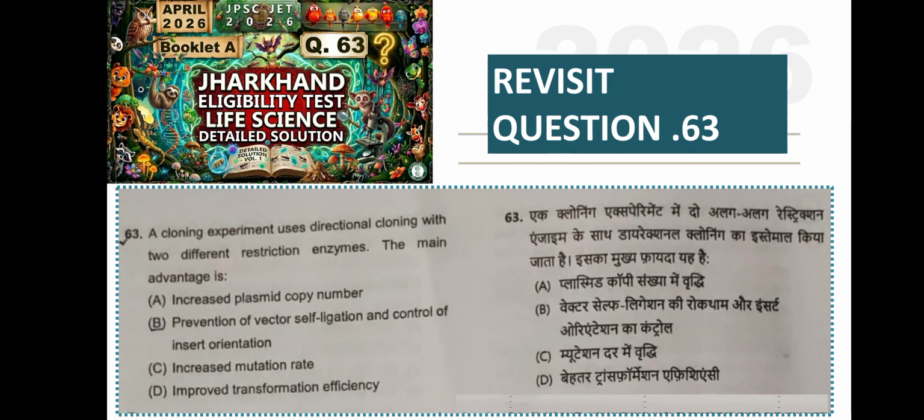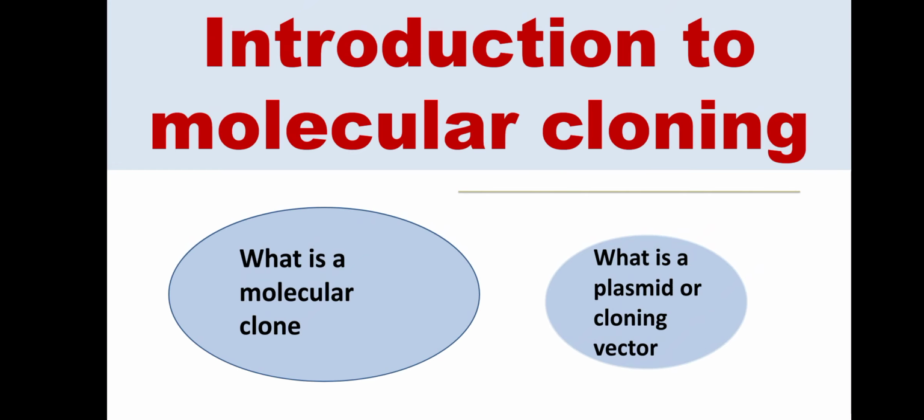If you have seen question number 63, the term cloning was there, isn't it? The cloning experiment was revealed in that, and it has been discussed, but let me explain once again. So in molecular cloning, what is a molecular clone and what is a vector or a plasmid vector?